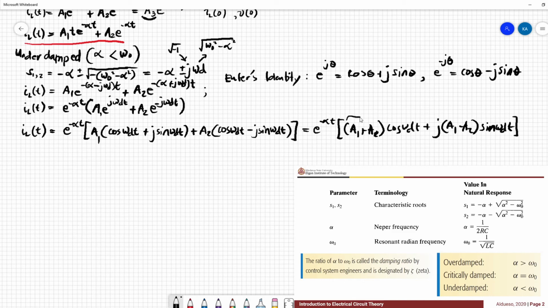If we let this coefficient be B1 and this be B2, our final solution for i_L is e^(-alpha t) times the quantity B1 cosine omega d t plus B2 sine omega d t.